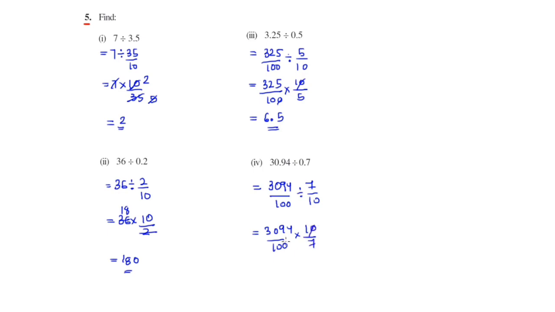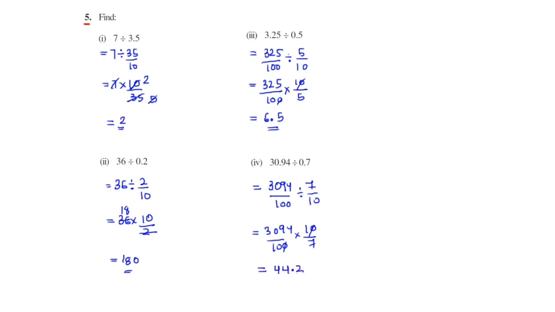The 0 will be cancelled out by the 10 of 100. Now if you see, 3094 is a multiple of 7 or not, you have to check. If we do that, we will get 442, that is divided by 10. 44.2 will be your final result.